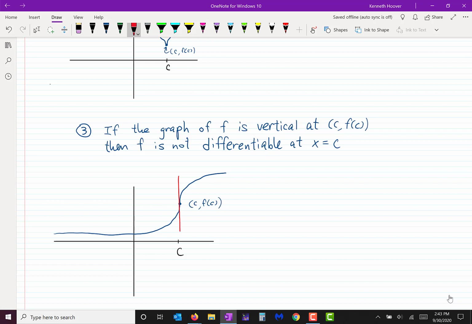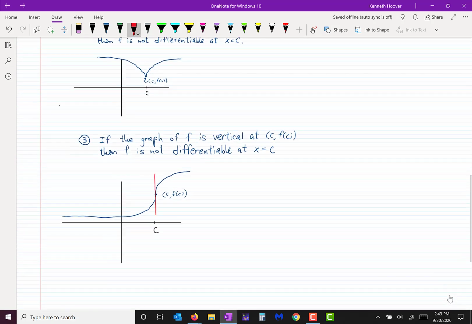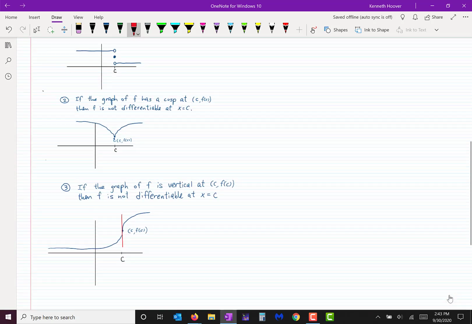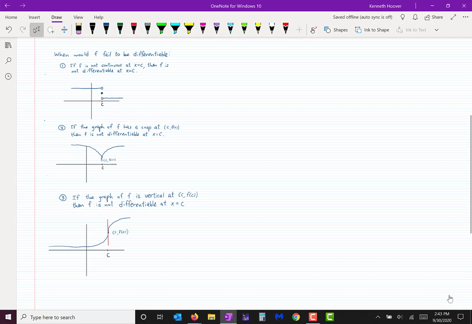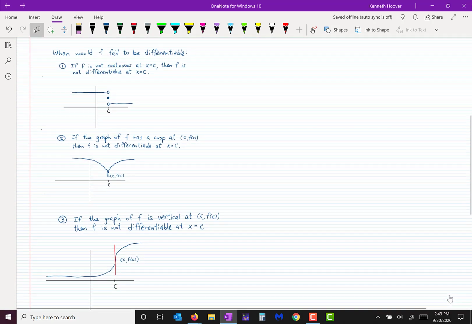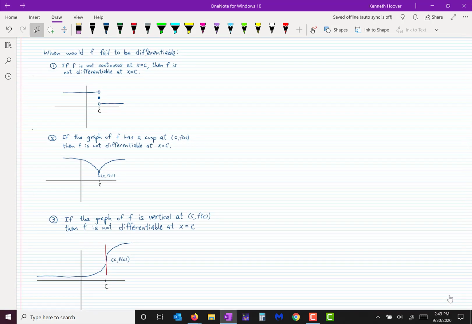It's undefined. What does undefined mean? Undefined means non-existent. The derivative is the slope of the tangent line. So if the tangent line doesn't have a slope, then that means there isn't a derivative. So those are the three most common, and the first two are the most common of those, but let's not forget about the third one. Those are the three common ways that a function could fail to have a derivative at a particular point.